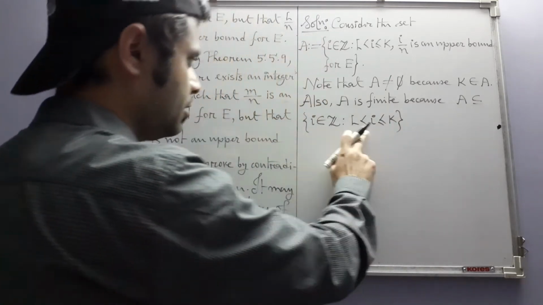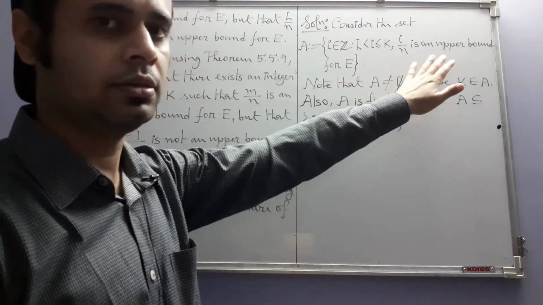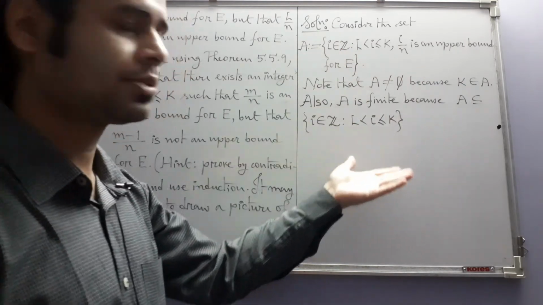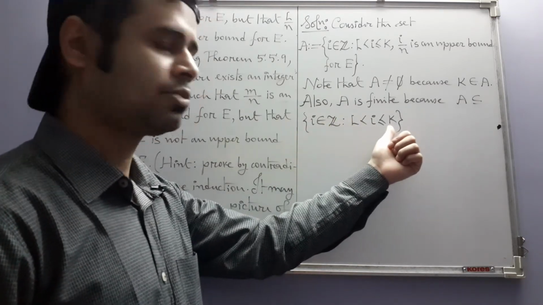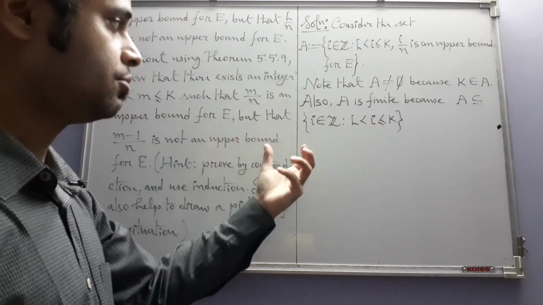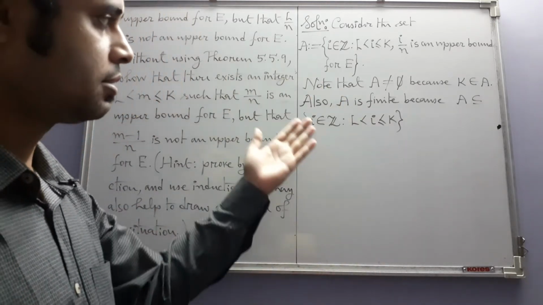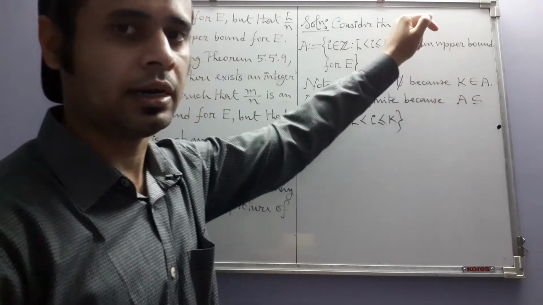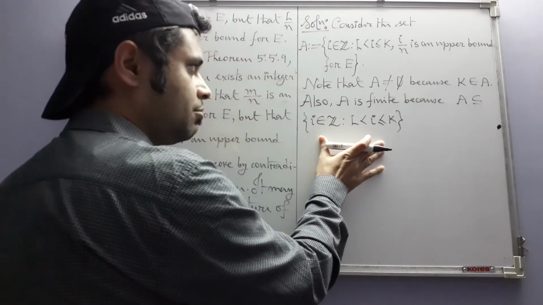It's a subset because in this set we have only a part of the hypothesis that we need in the set A. So naturally A is a subset of this. That means it just contains all the integers satisfying these inequalities. A contains all such integers, but additionally they also have to satisfy this condition that I by n should be an upper bound for E, and this set is a finite set.